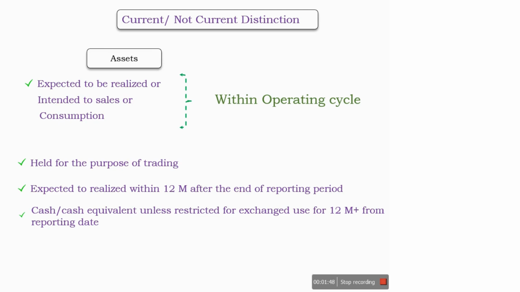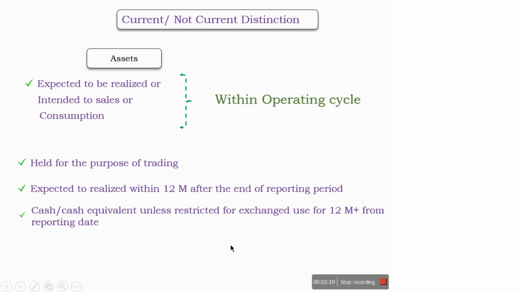So we need to check the remaining three conditions. The example says that it is expected to be realized beyond the operating cycle period, so it does not fulfill the first condition, and it is also not fulfilling the third condition because the expectation of realization is beyond 12 months. But it fulfills the second condition: the finished inventory, although slow moving, is held for the purpose of trading, so it will be classified as a current asset.